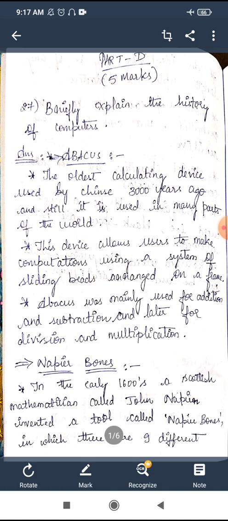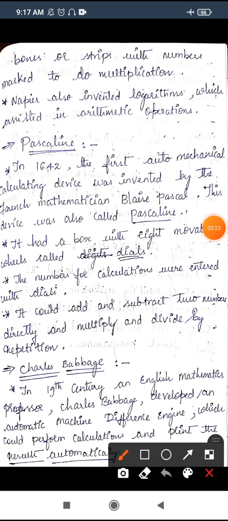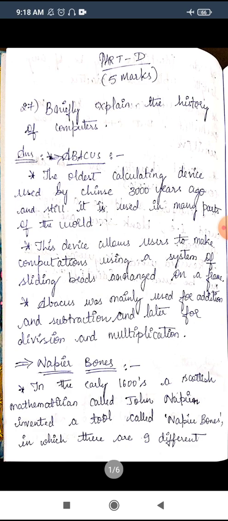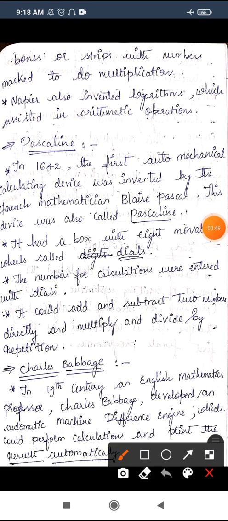It used to have 9 different bones, also called strips, with numbers marked on them. Using these 9 different bones, they used to perform the multiplication operation.